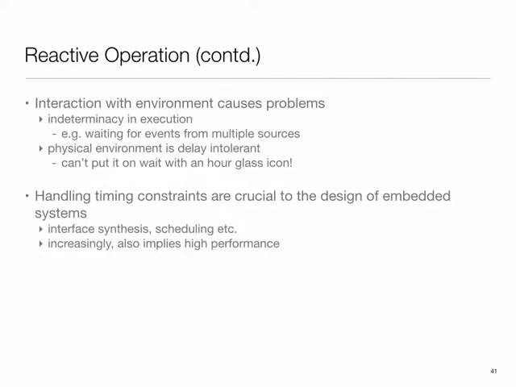Interaction with the environment causes problems because the environment tends to obey the laws of physics. Okay, so it's inflexible. Whereas on the other hand, our computation can have all these indeterminacies, like effects of interrupts, or other things. Let's say I write a program that's processing some stuff, but the processor has a cache.